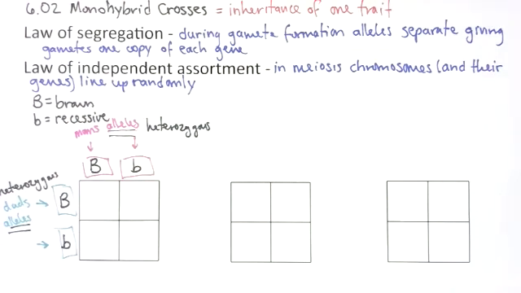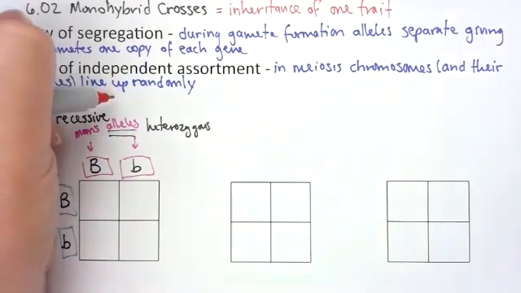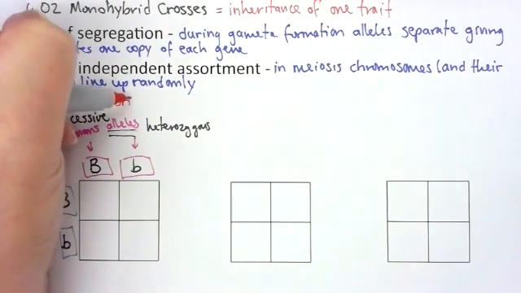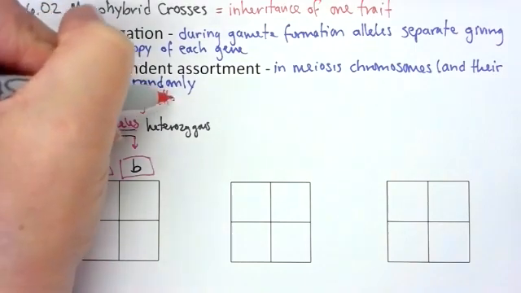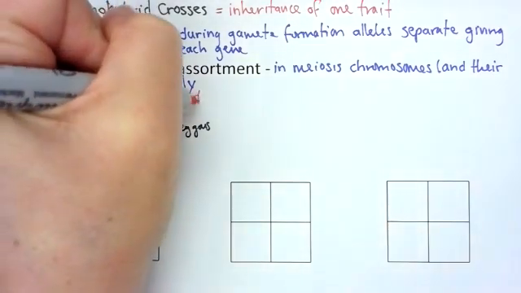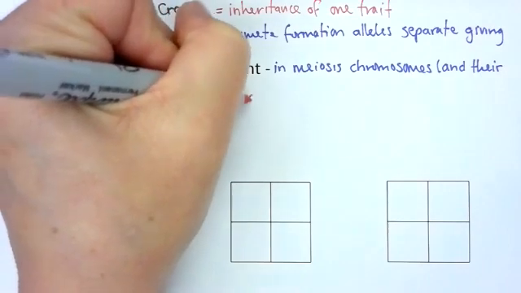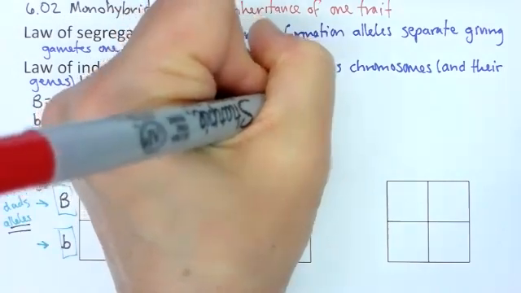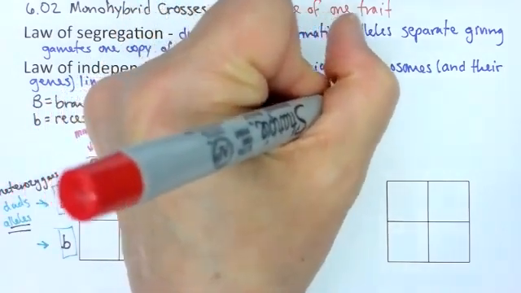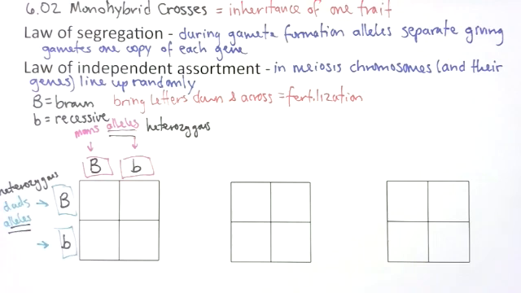What we're going to do is represent fertilization. So when we bring the letters down and across, that's the equivalent of fertilization, where we're creating new life, we're forming a new human.